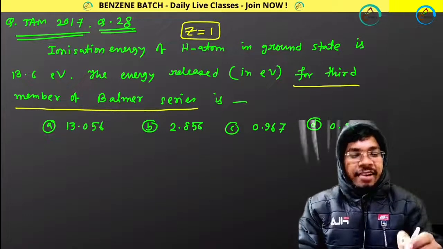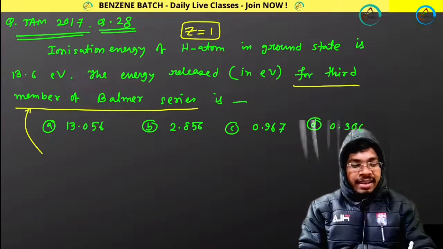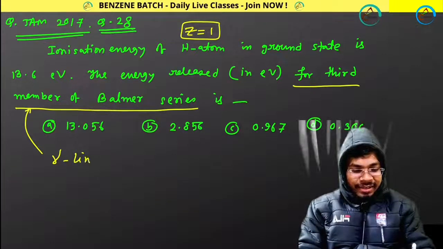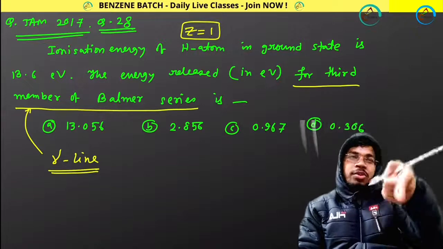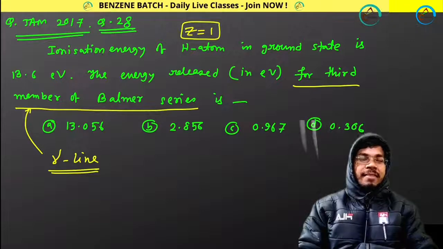Yes, very good, Selvam. Good job. Yes, third member of Balmer series means gamma line. And for gamma line, what will be the corresponding transition? Yes, tell me, Bikram. Selvam, tell me, what will be the corresponding transition for gamma line?